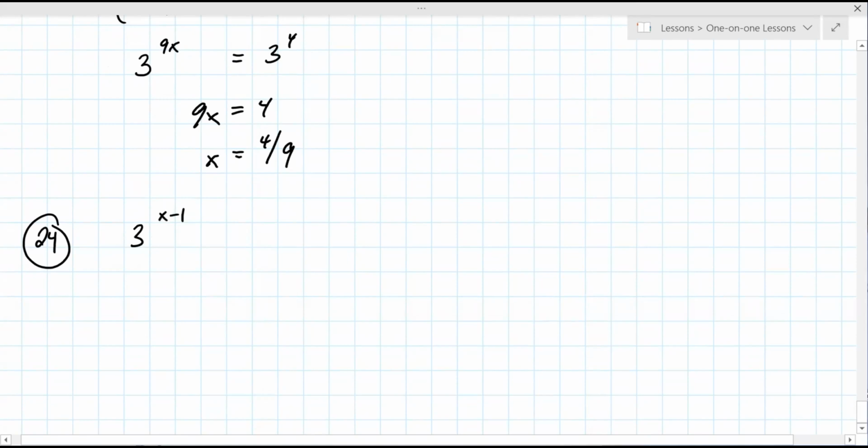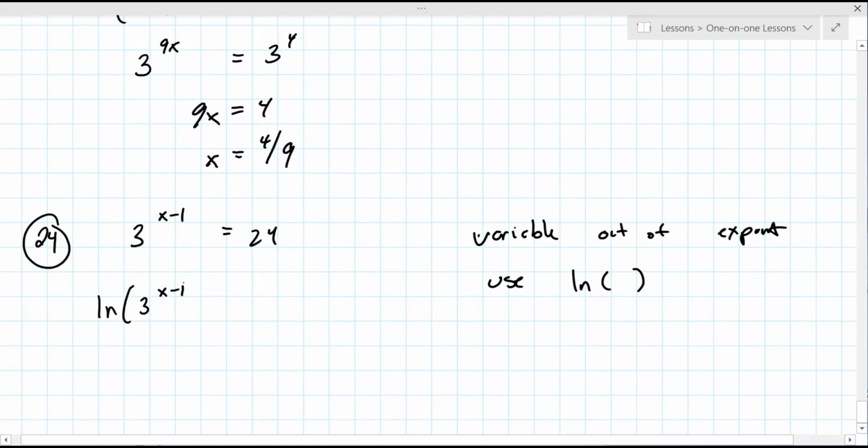So 3 to the x minus 1 equals 24. The only way to get a variable out of the exponent is to use natural log, or ln. So use natural log on both sides of the equation. And you can bring this x minus 1 out front.